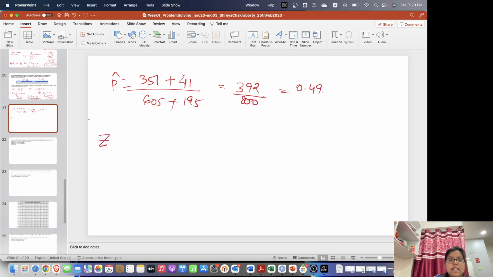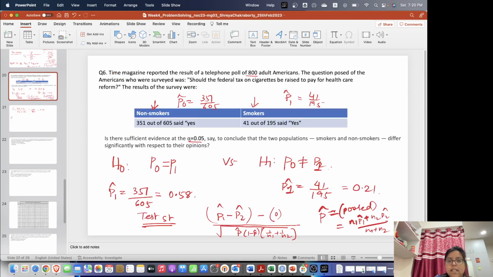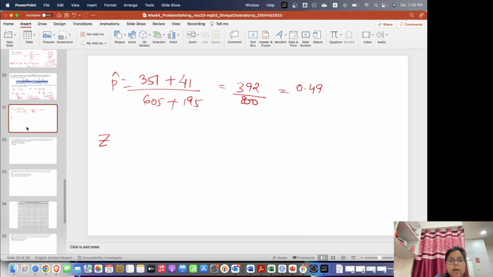Since the sample size is large, n is 800, we can approximate this by a normal distribution, and the test statistic will be p1 hat minus p0 hat divided by root over p hat into 1 minus p hat, times 1 by n1 plus 1 by n0.